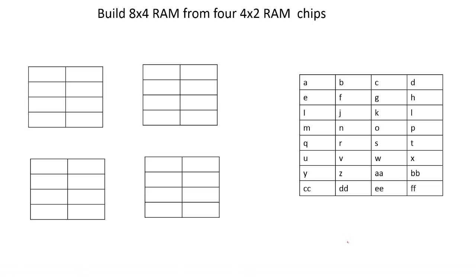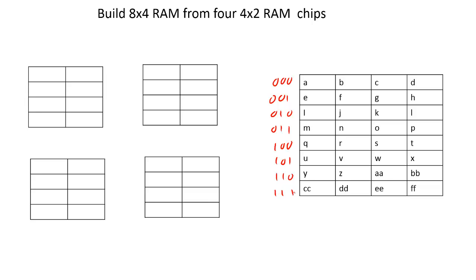So we're going to build an 8x4 RAM from four smaller 4x2 RAM chips. The first thing I want to start off doing is thinking about this at a conceptual level. If we have a 4x2 RAM chip, each of the rows corresponds to one address, and they have the following binary encodings.